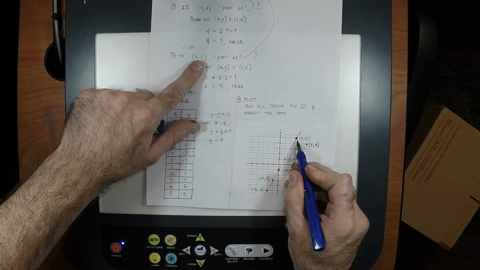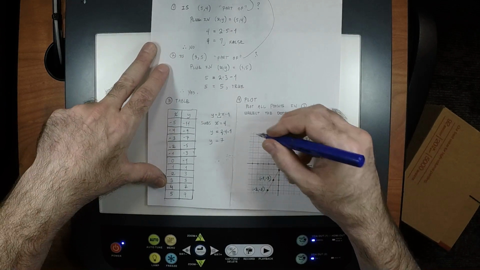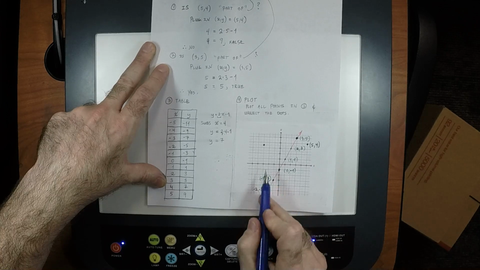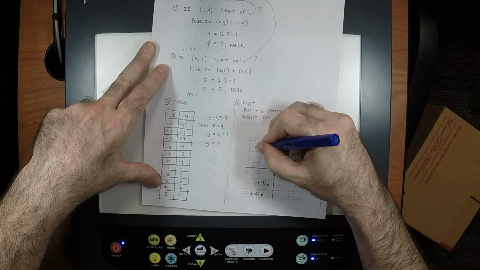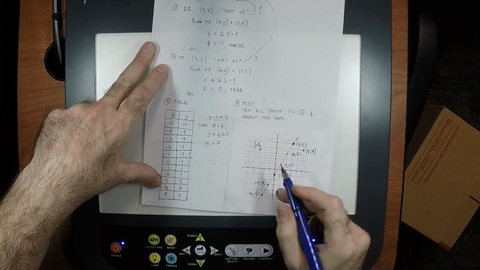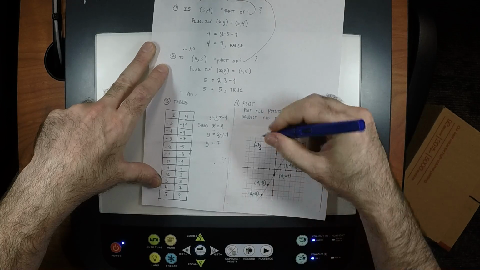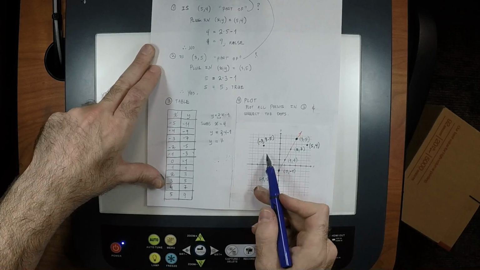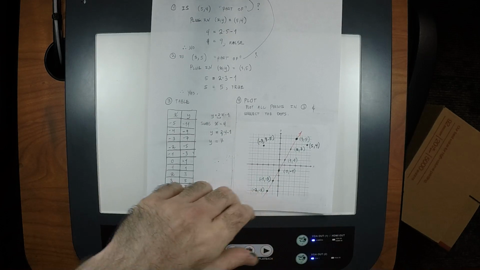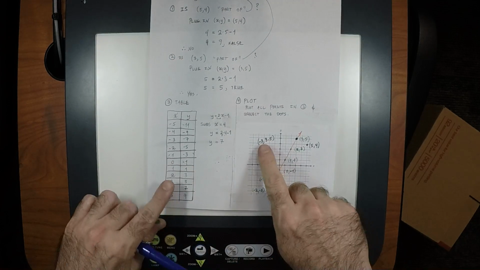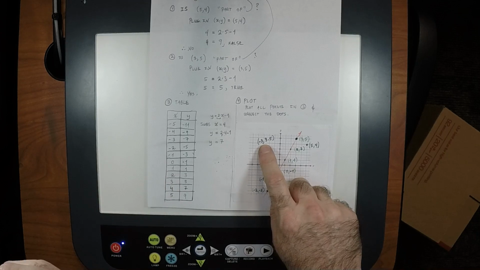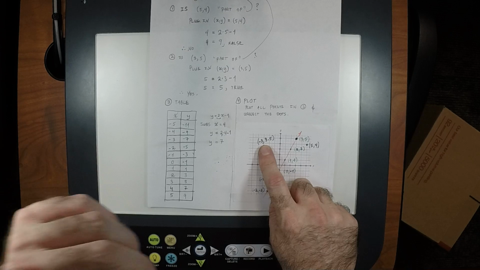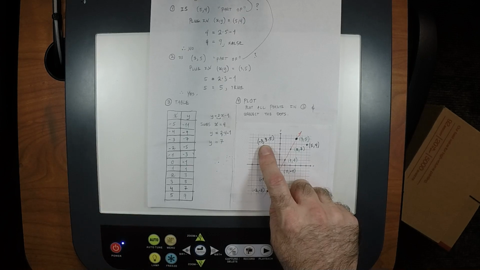If I were to select, say, this point right here, that point would be -3, 3.5. Now I'm going to ask a different question. What if you were to plug the point x, y equal to -3, 3.5 into the equation? Would the resulting equation be false or true? It would be false.